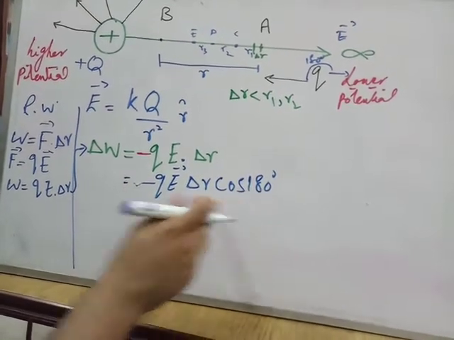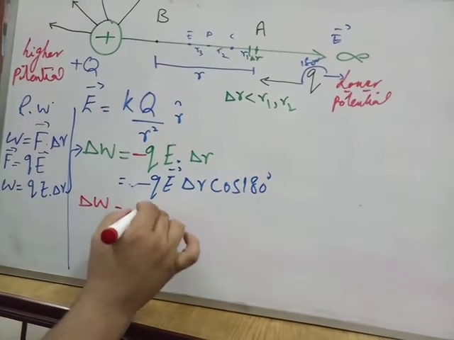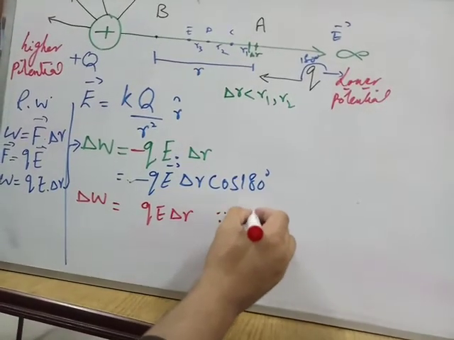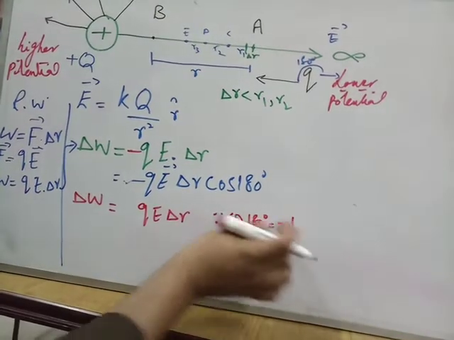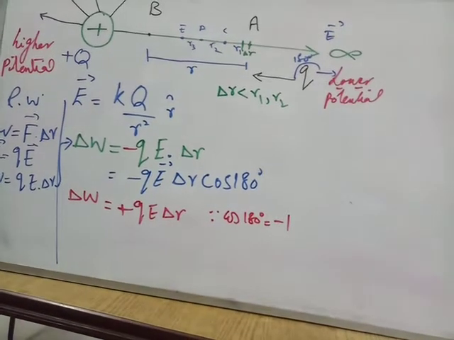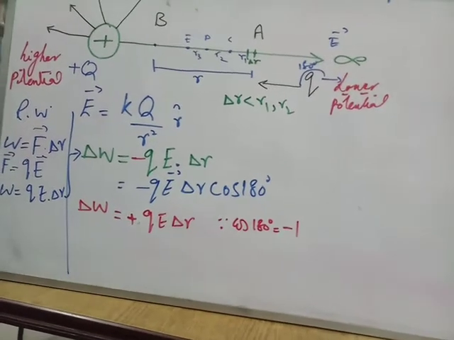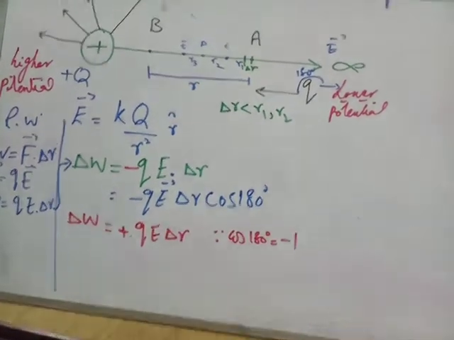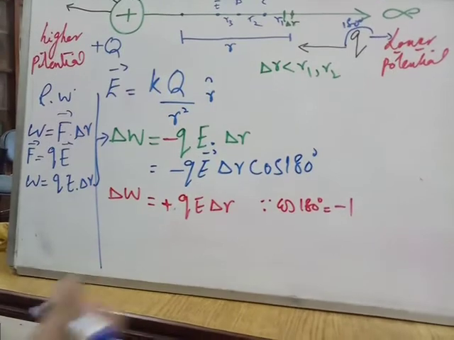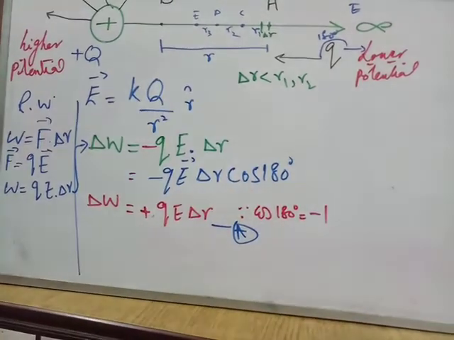So this minus and this minus cancel out each other, and we get work done is QE into delta R. This negative sign shows that E and delta R are in opposite directions. This is our general formula, equation A.